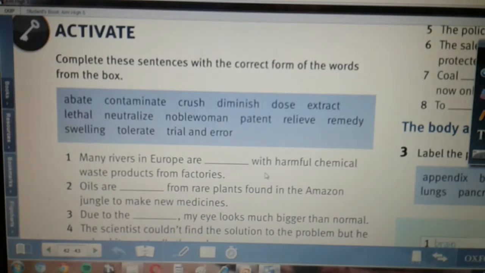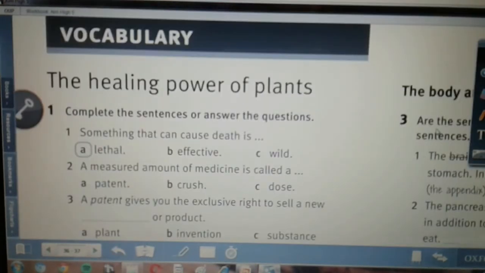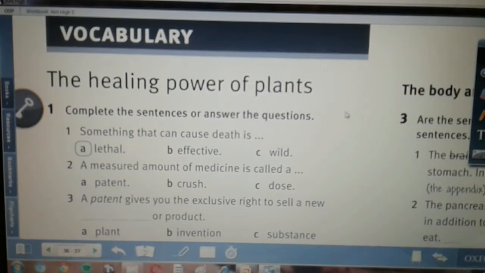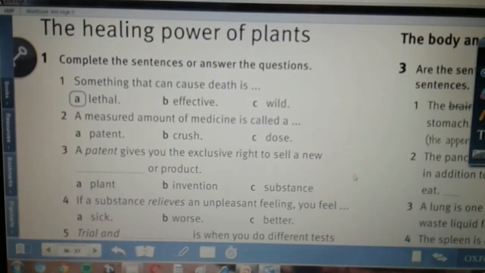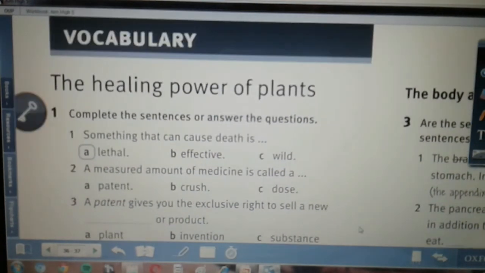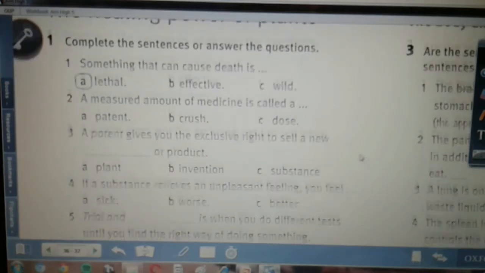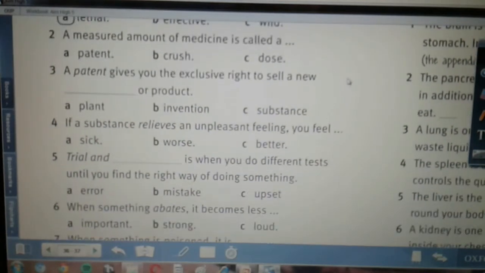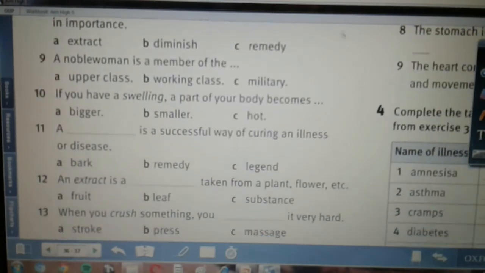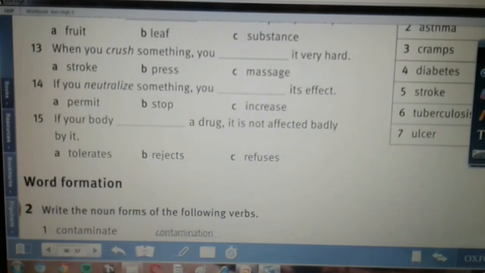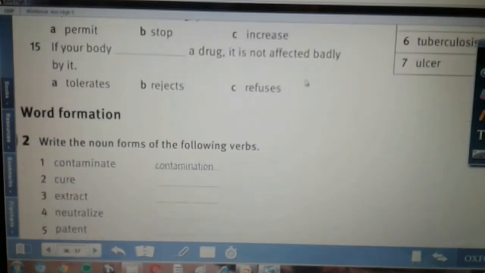Okay? After finishing your student book, please move on to your workbook, page 37. So, the focus of study is still vocabulary, so please try to answer part 1. Part 1, you need to complete the sentences or answer the questions below, and then later, the second part is word formation.